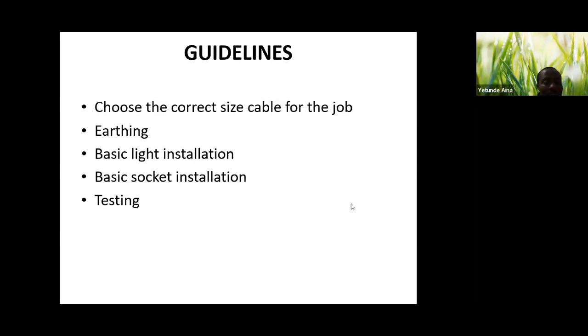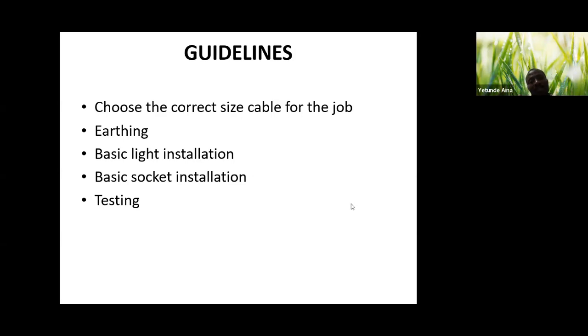Am I doing installation of lighting points, or am I doing installation of the socket? So the installation we are doing will determine the choice of cable that we need to use. Then we have the earthing. The earthing has to do with connecting all the green and yellow cable to the earth, so that there won't be electrical shock.